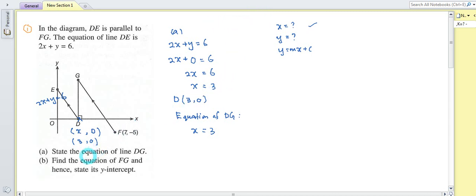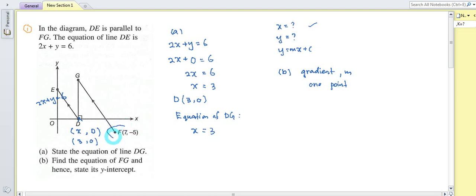Okay, second part, find the equation of FG. Equation always needs two things: gradient, 1 point. When you have the straight line going upward or going downward like this, the equation will always be in this form. You need gradient and 1 point.